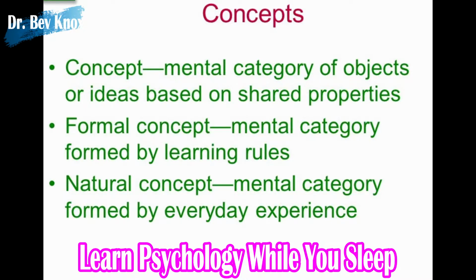Concepts refer to cognitive groupings of similar objects, events, people, or ideas. Infants form concepts early in their development, with perceptual categorization appearing as early as 3 months of age.